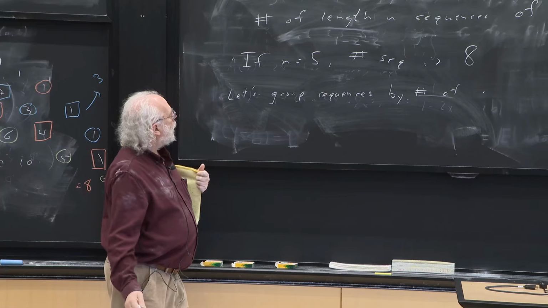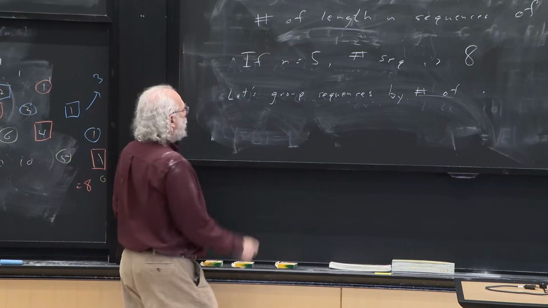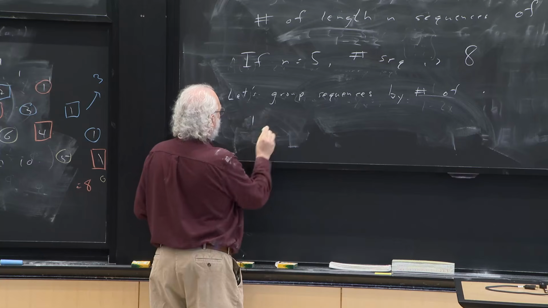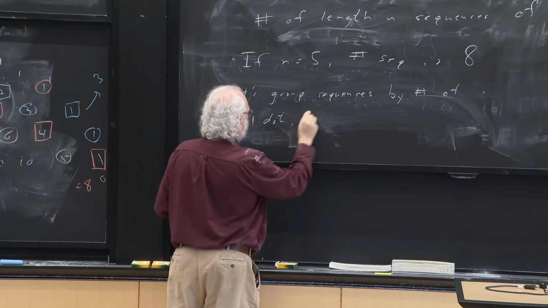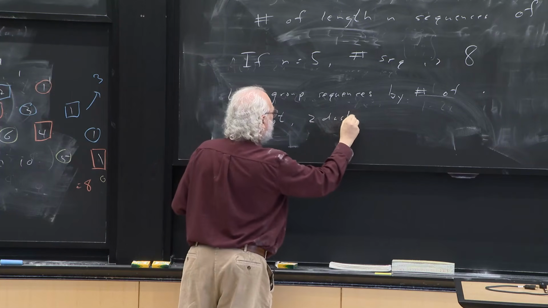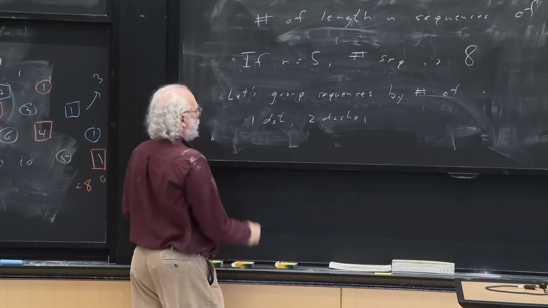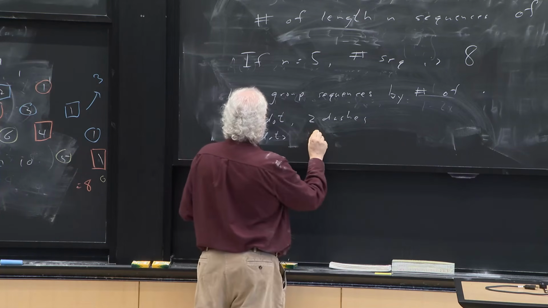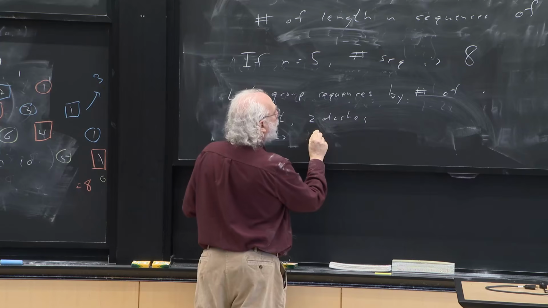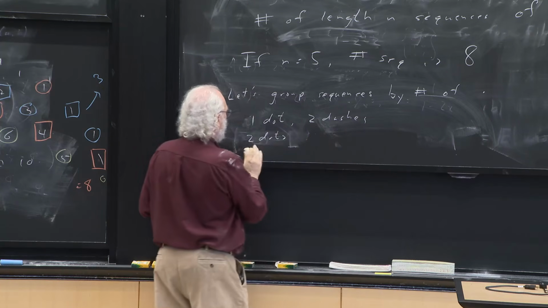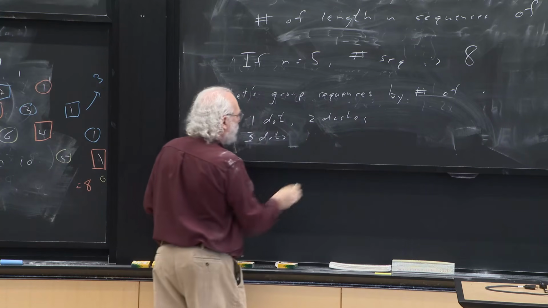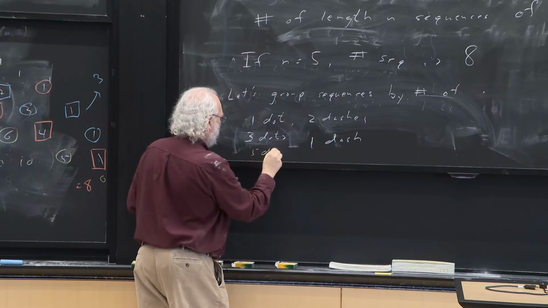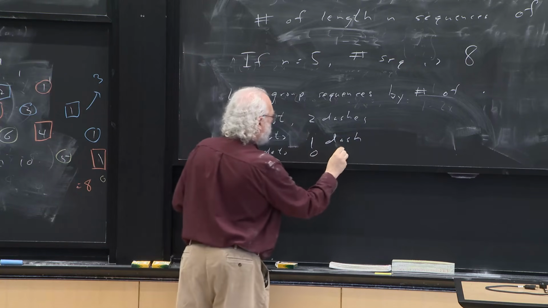Okay, so we can have 0 dots. We can have 1 dot and 2 dashes. We could have 2 dots. Well, we can't have 2 dots. We could have 3 dots and 1 dash. Or we could have 5 dots and 0 dashes.